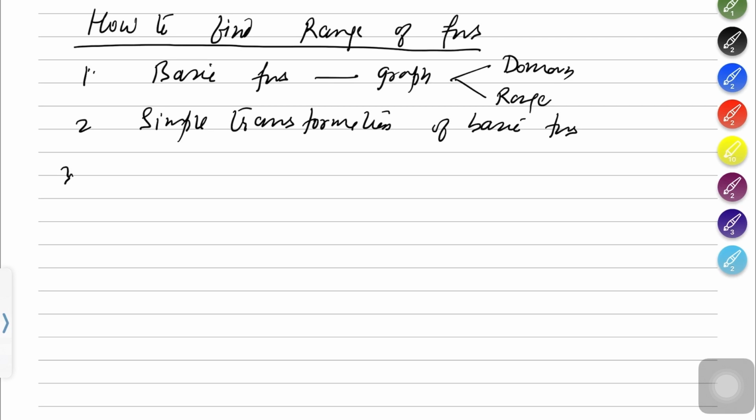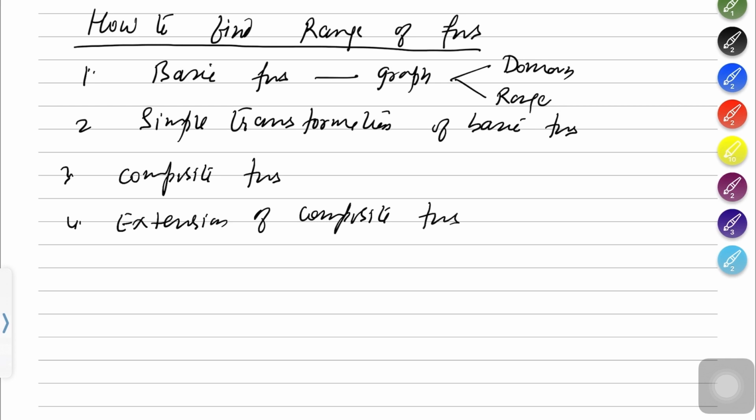Then third, sometimes we deal with a composite function, so the third method is using the concept of composition. The next is also useful, an extension of composite function.